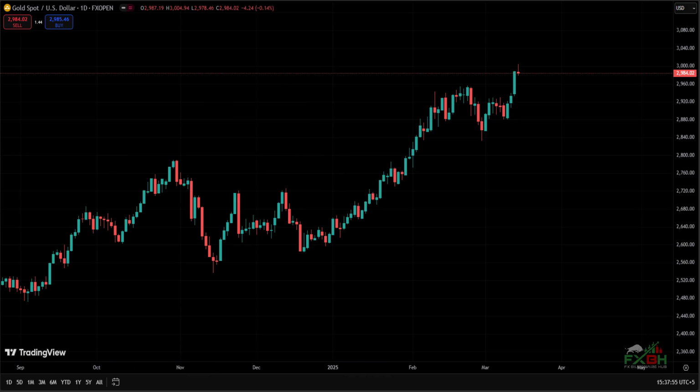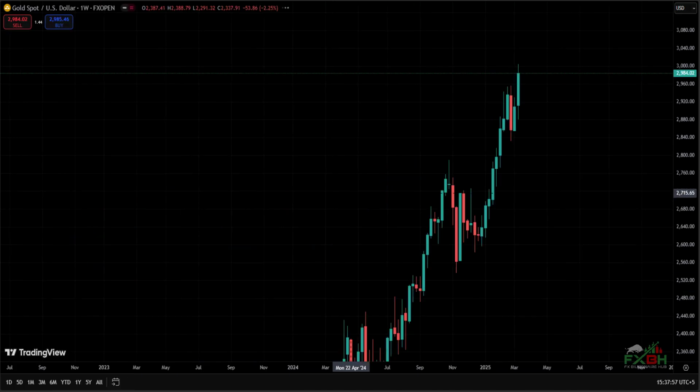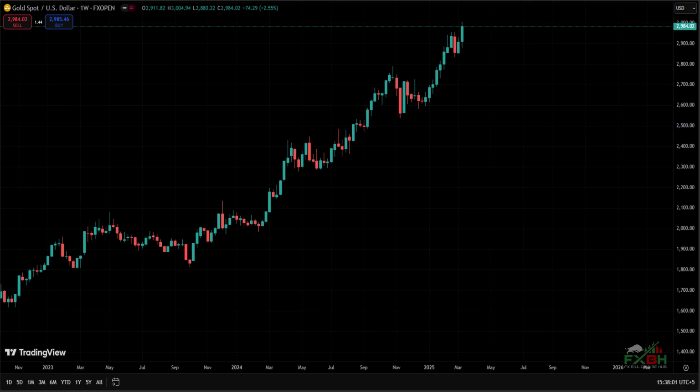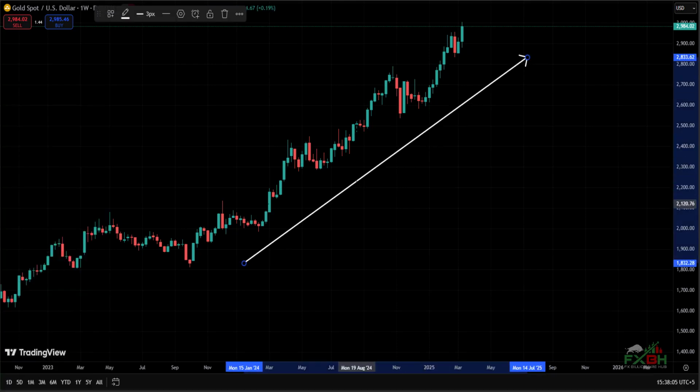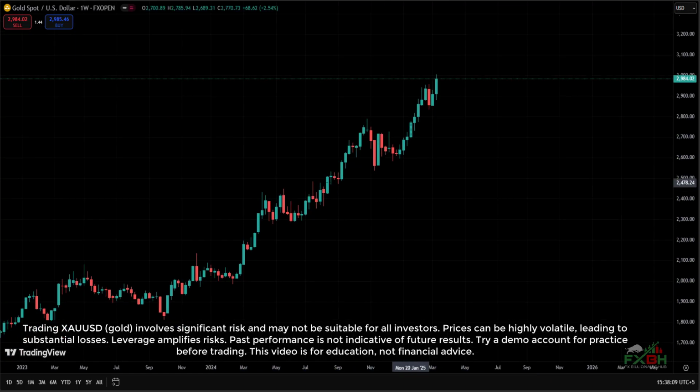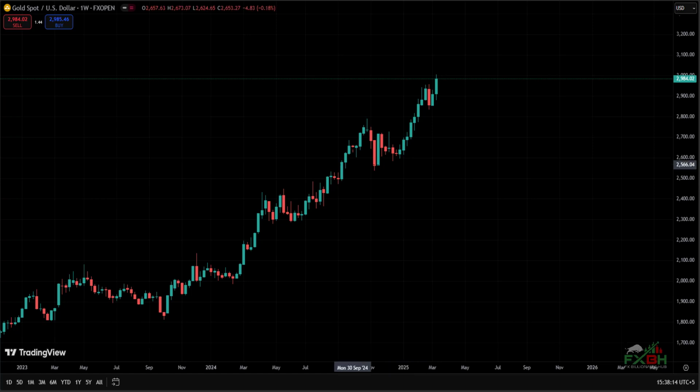As you can see, the daily time frame is selected, so we need to start with weekly. For the weekly time frame, the market has been on a strong buy trend for the past few months. As you know, Donald Trump is the current president of the United States, and there is a lot of change in the United States.